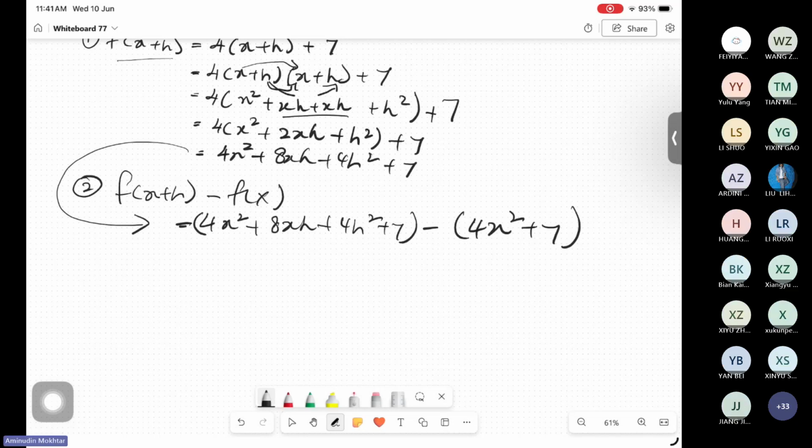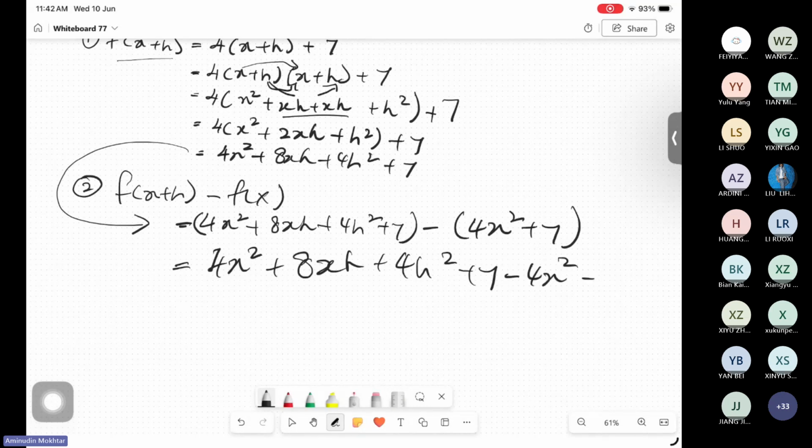Okay, so we can simplify this. This is equal to 4x squared plus 8xh plus 4h squared plus 7. We just remove the bracket, minus 4x squared minus 7. So again, we can simplify this equation now. 4x squared minus 4x squared, we can eliminate.